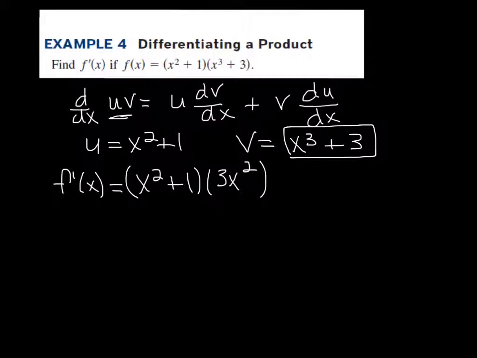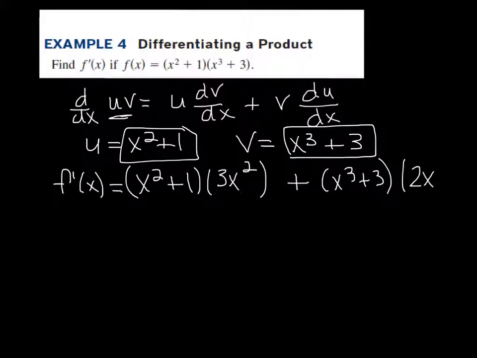So there's the first half of my derivative. The first part of the function times the derivative of the second, plus the second part of the function, x cubed plus 3, times the derivative of u, this one. The derivative of u is 2 times x using our power rule.